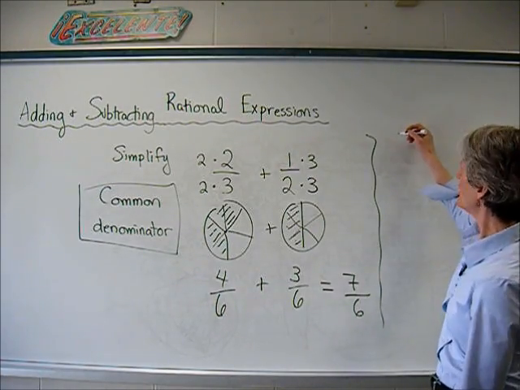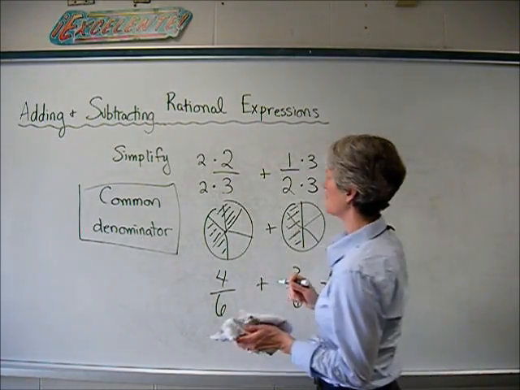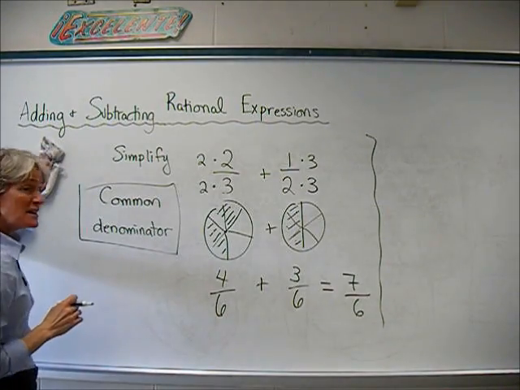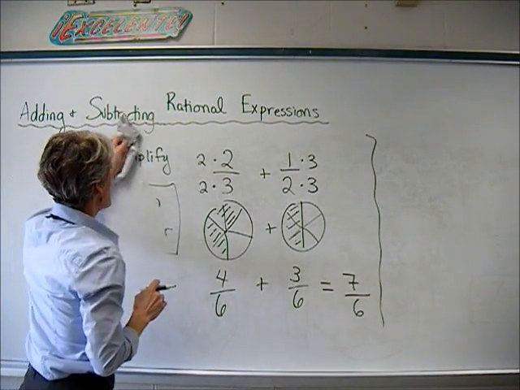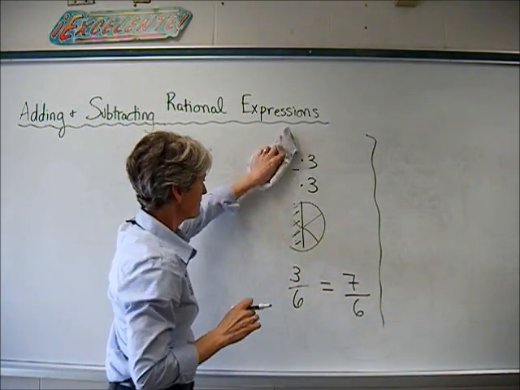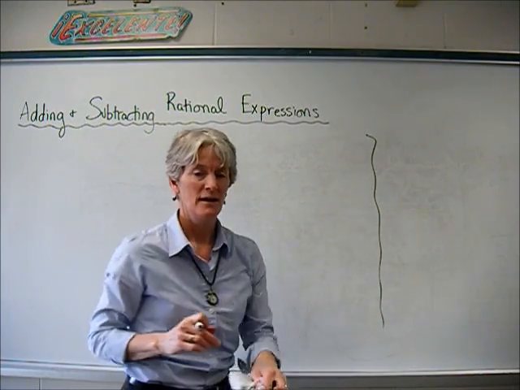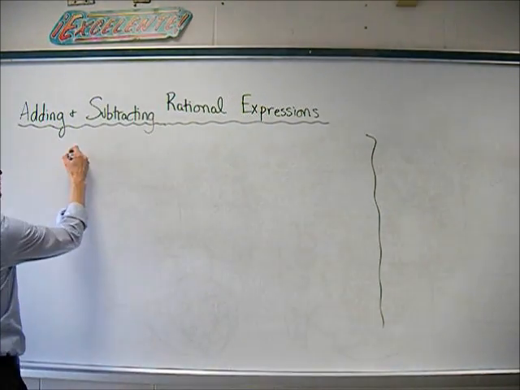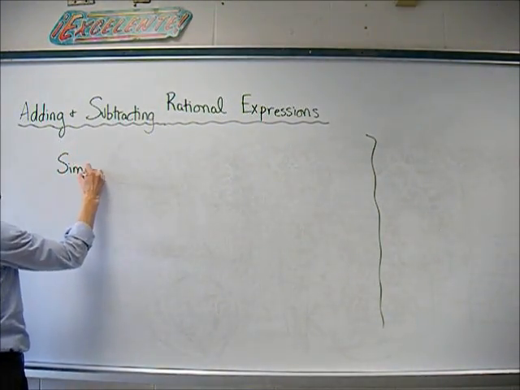Okay, so here I go. Actually, let me do that over here. I'm still going to want to get a common denominator. Let me give you one that starts with a common denominator. So let's simplify.